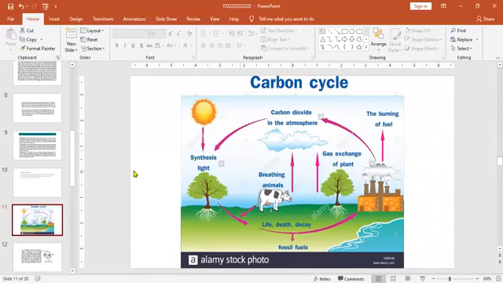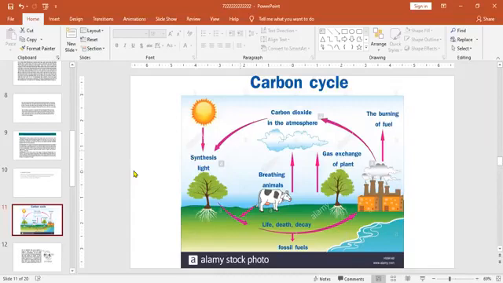That is the gas exchange of plants and animals, which produces carbon dioxide. When plants release carbon dioxide, it mixes with the atmosphere. When fuel is burned, carbon dioxide mixes with the atmosphere. In the photosynthesis process, plants make their own food and animals totally depend on plants.